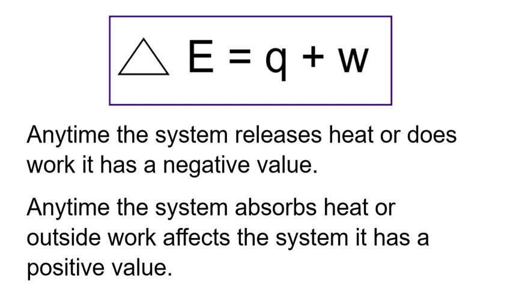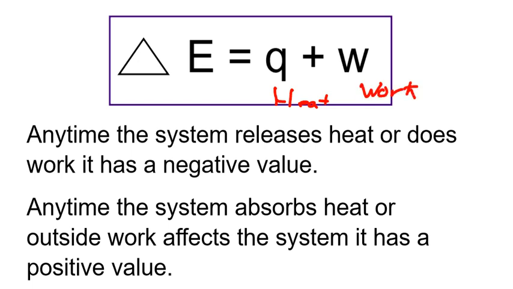Okay. This is kind of what I just talked about on the last slide, but anytime a system releases heat, or does work, so that also includes performing work of some kind, there's a negative value associated with that. And the change in energy is going to equal Q, which is heat. Let's try rewriting that here. So Q is heat, and then W is going to be work.